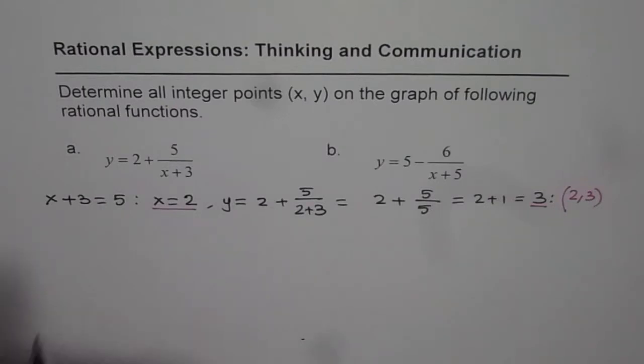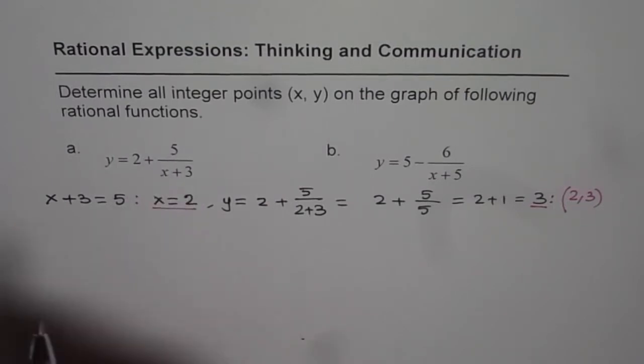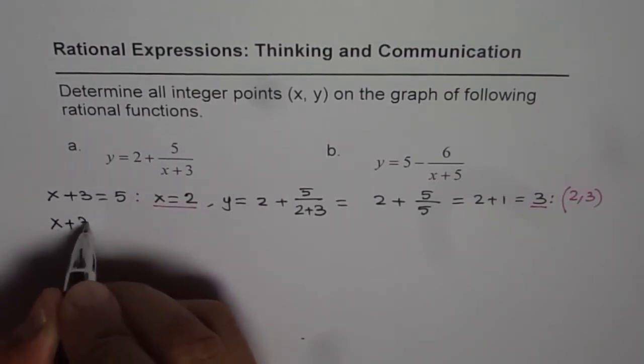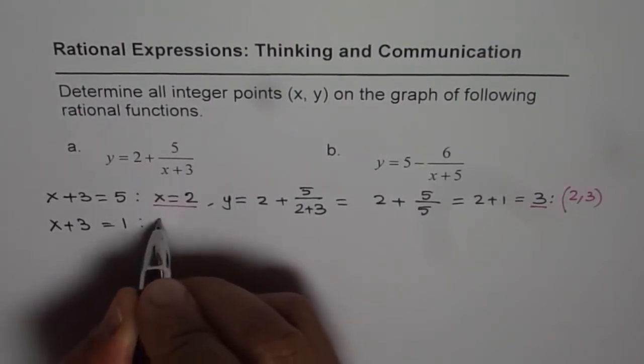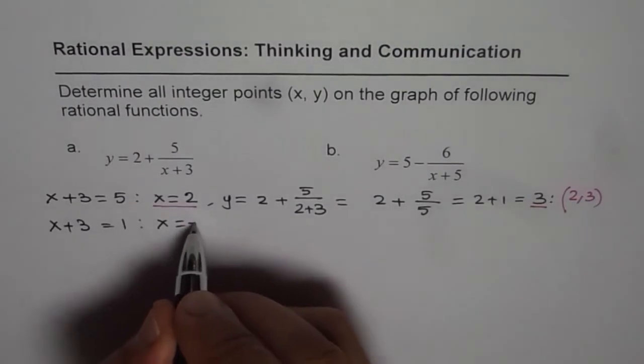So let's try to find what other value of x will provide y with integer values. Well, if the sum x plus 3 is 1, then also it works. So x plus 3 equals 1 will give x equals minus 2.